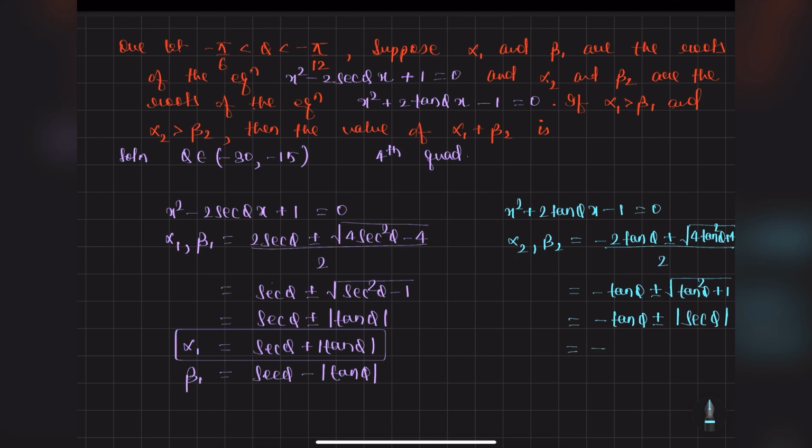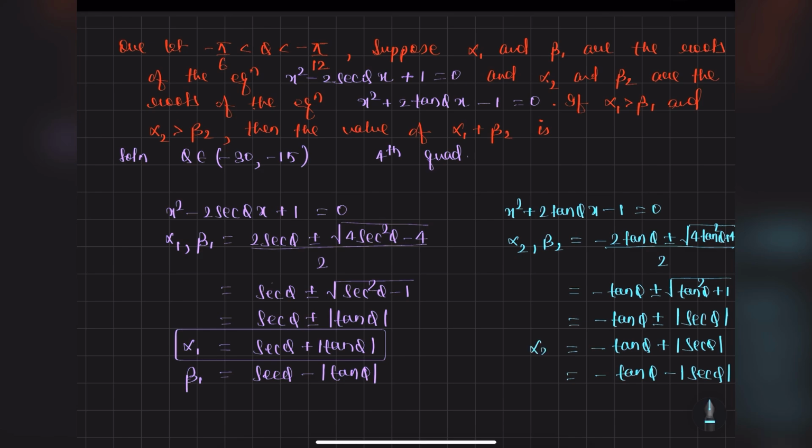Now the first entity would be minus tan theta plus mod sec theta, and the second minus tan theta minus mod sec theta. I have already explained that if you add a positive quantity to anything, its value will increase, and if you subtract a positive quantity, its value will diminish.